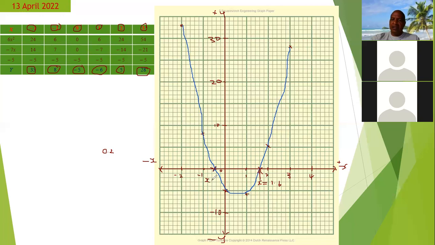So x equal to negative 0.5. Any question, guys? So that's how we use our graph to solve our equation. We just simply look at where it cuts the x-axis. All right, there are other techniques that we will probably see as we go along.